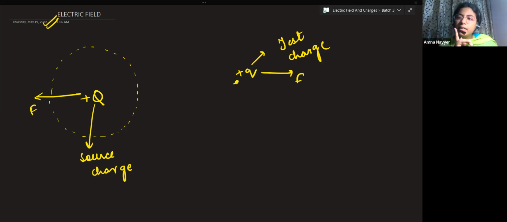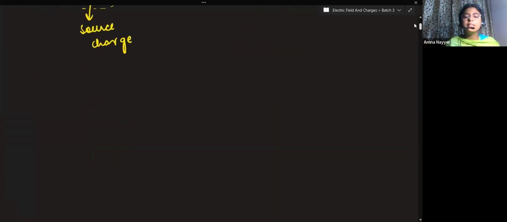For electric field, a single charge is enough. If you have a single charge, that single charge will have a certain field around itself. That space around that single charge, we call it electric field. So what is meant by electric field?